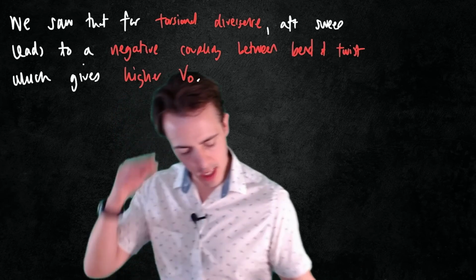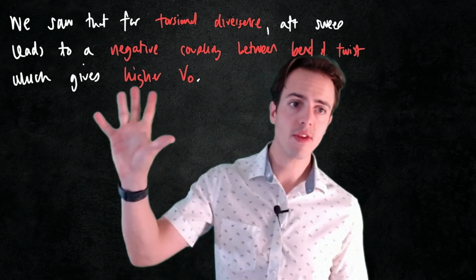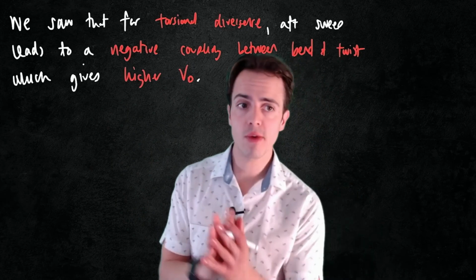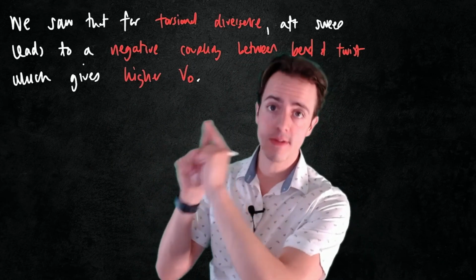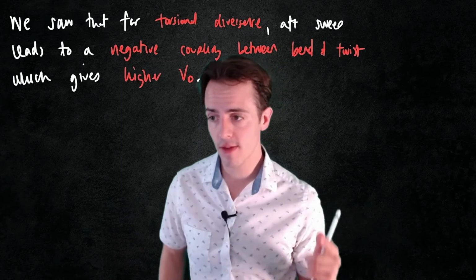So we saw that for torsional divergence, aft sweep leads to a negative coupling between bending and twisting, which gives us a higher divergence speed. That's useful and that's good for an aircraft.